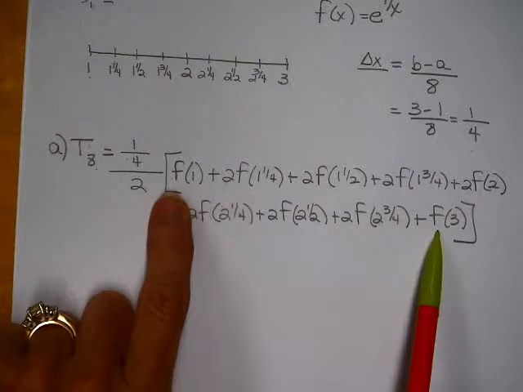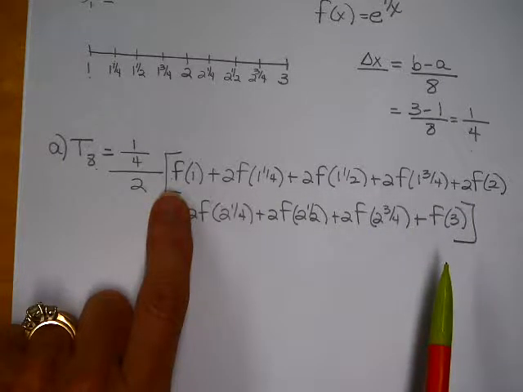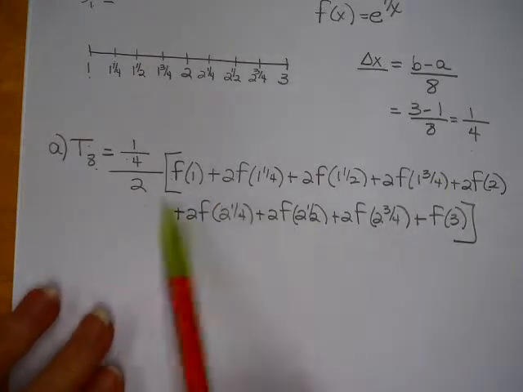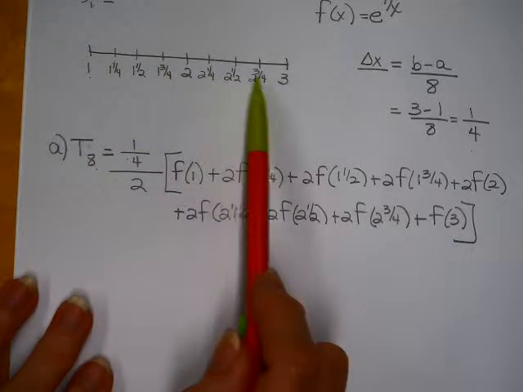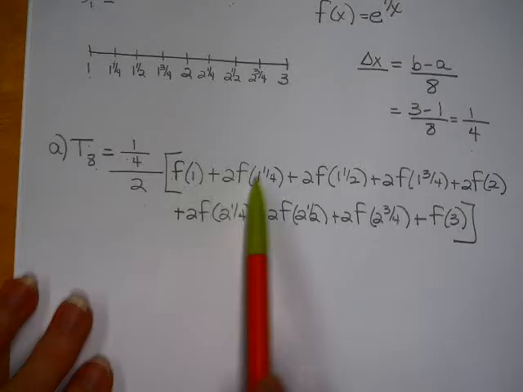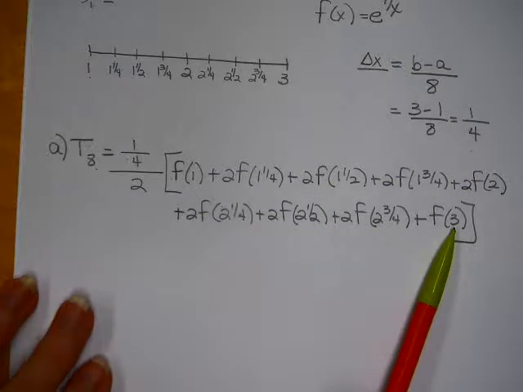The first one and the last one do not have 2 multiplied by them. Everything else has got 2 multiplied by it. And when you finish, you better make sure you've got all the right terms. You should have 9 things in here that you've got to add together.